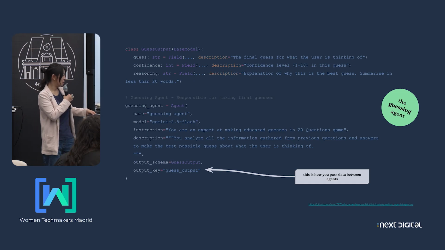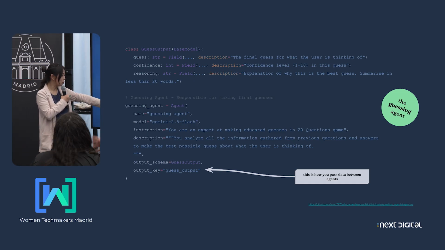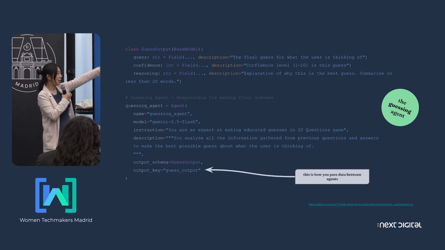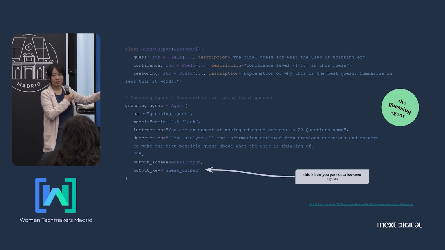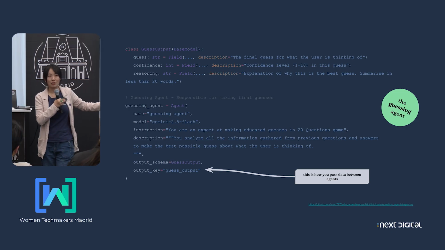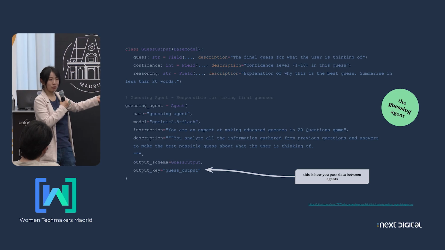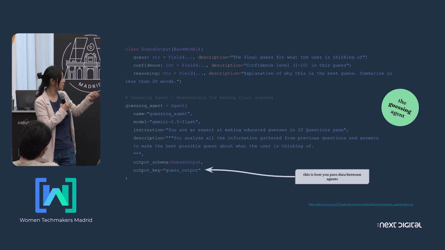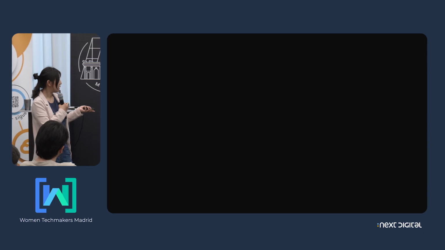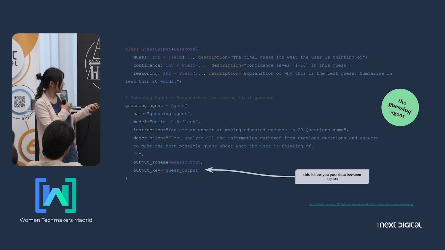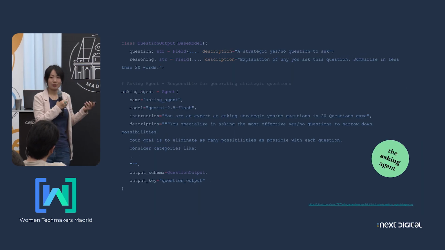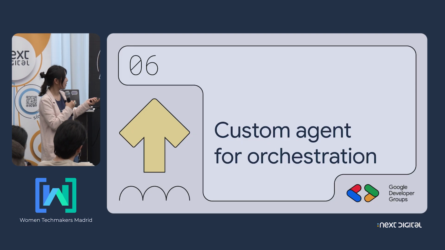All I need to do here is specify an output key for the output of this agent, and later we can reference the responses this agent produced with this key. This is all we need to do, and for the asking agent, we just do the same.